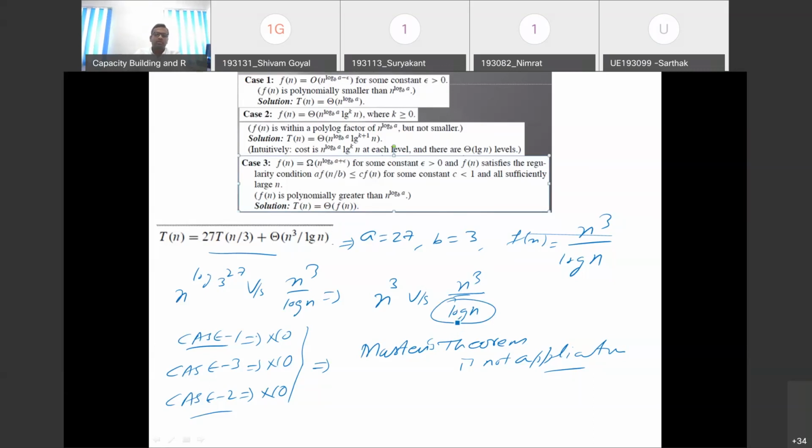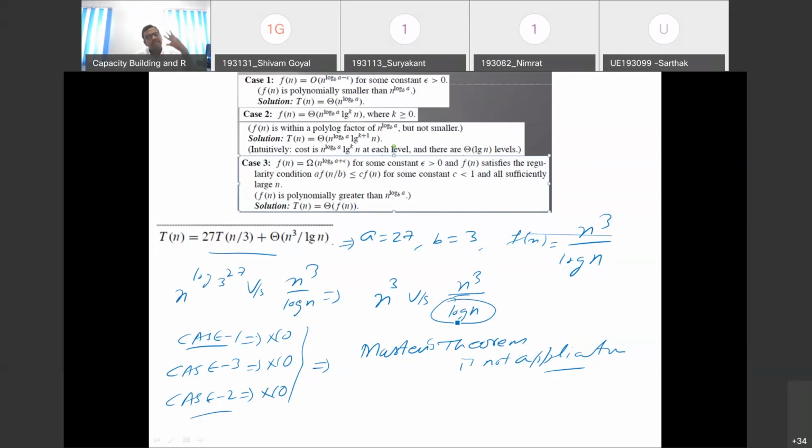Is it clear to all? So what did we write in this one? Master's theorem is not applicable, because it was not falling in any of the cases. Or you can say in another way that it was falling within the gap between case number 1 and 2 or between case number 2 and 3.